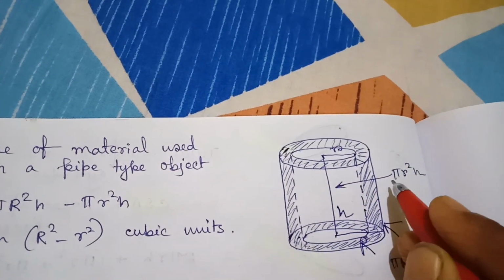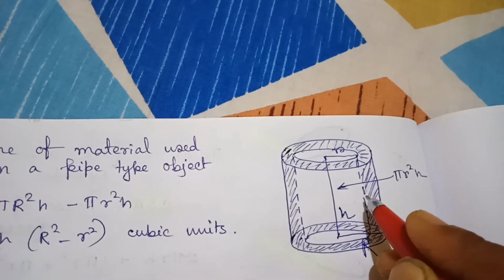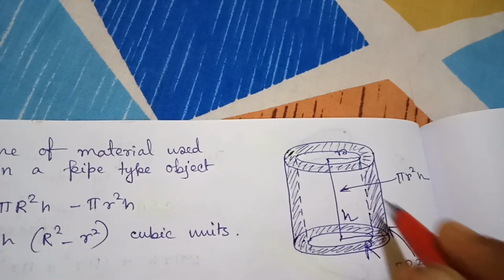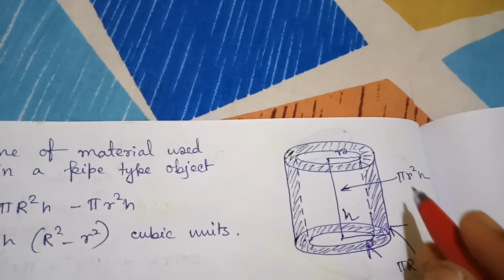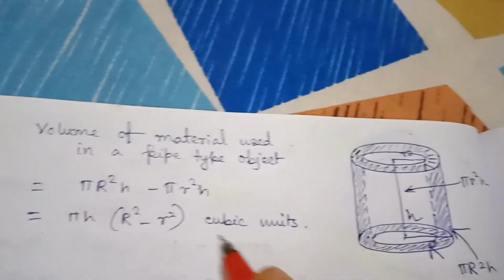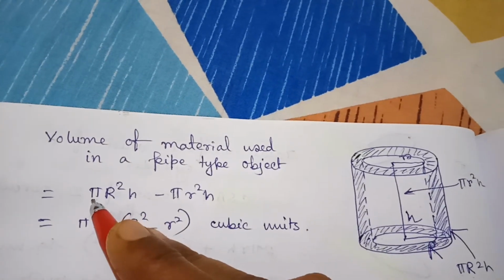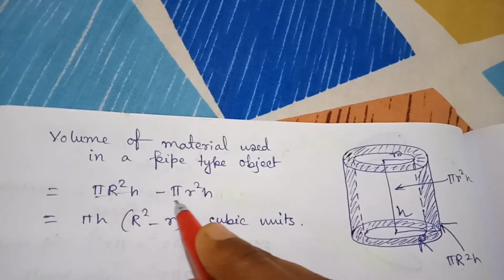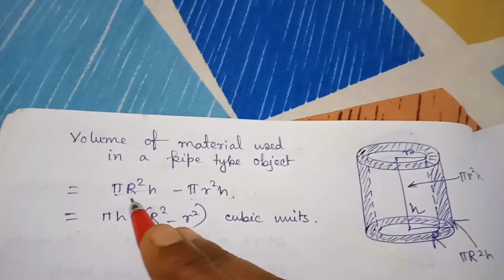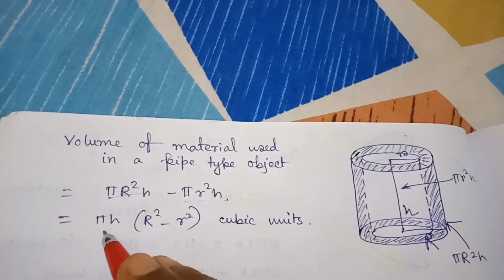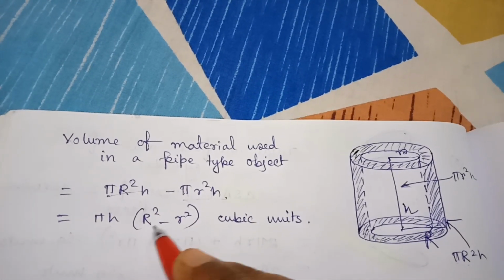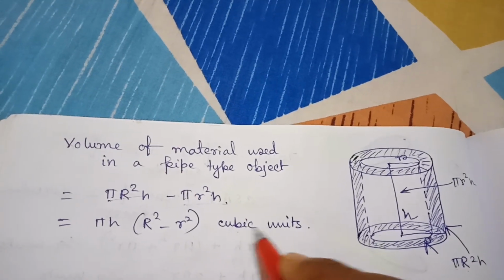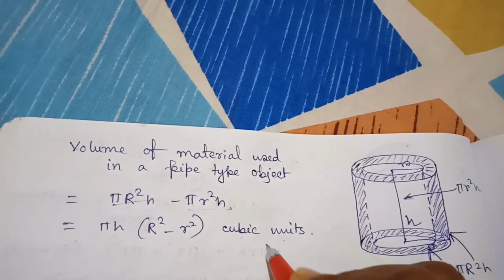Empty part's volume is pi r square h. That means the volume of the material will be whole minus empty part. So we have written over here outer volume minus inner volume. We can take pi h as common. So pi h into (R square minus r square) cubic units.